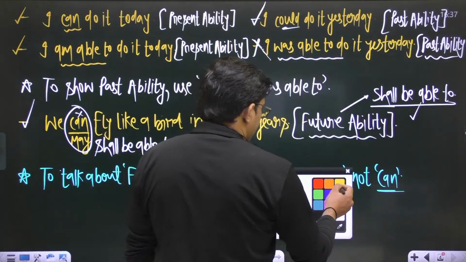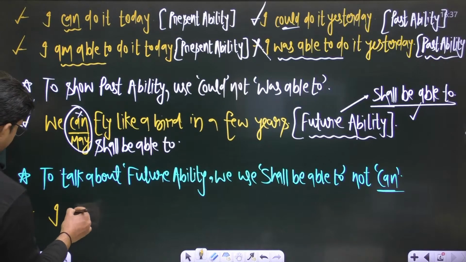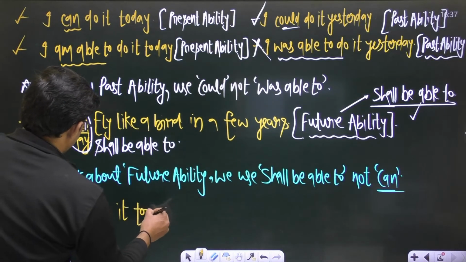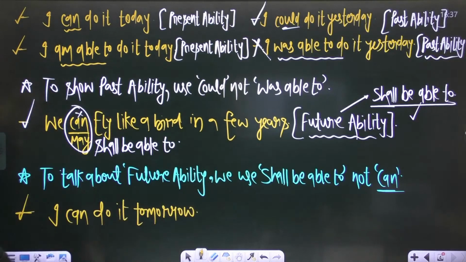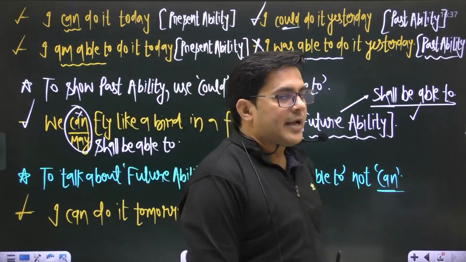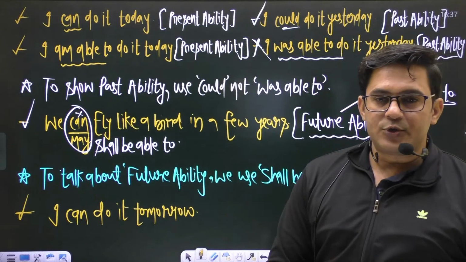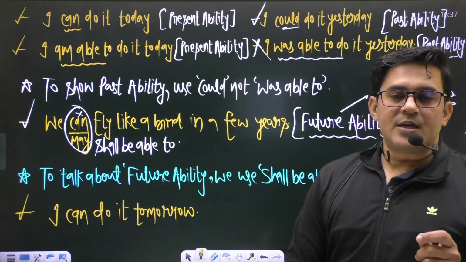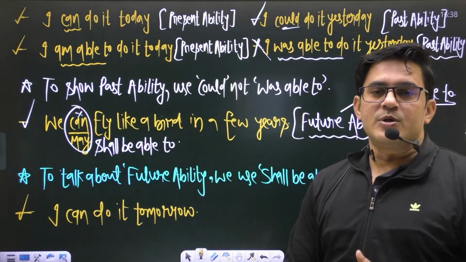For example, if I say, I can do it tomorrow. In this sentence also, we are talking about future ability. I can do it tomorrow. This is also future ability. And as I said, whenever you want to show future ability, we use shall be able to, not can.